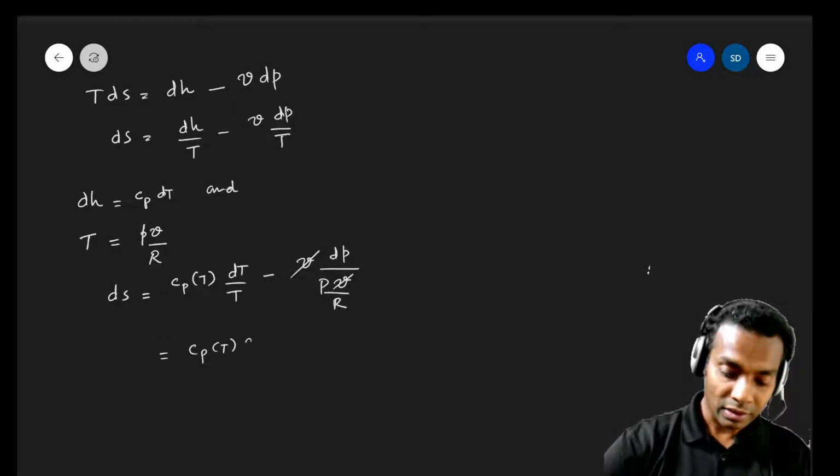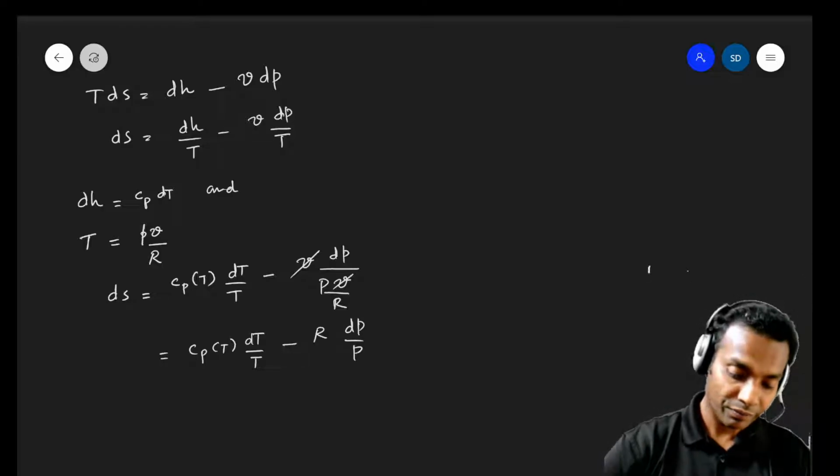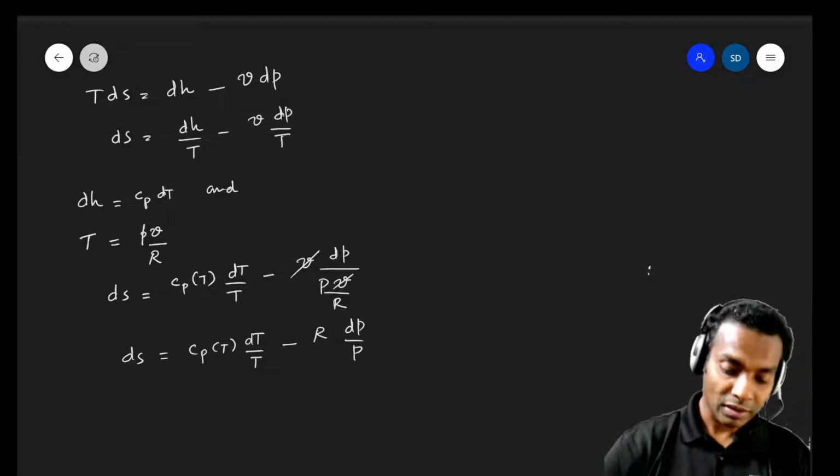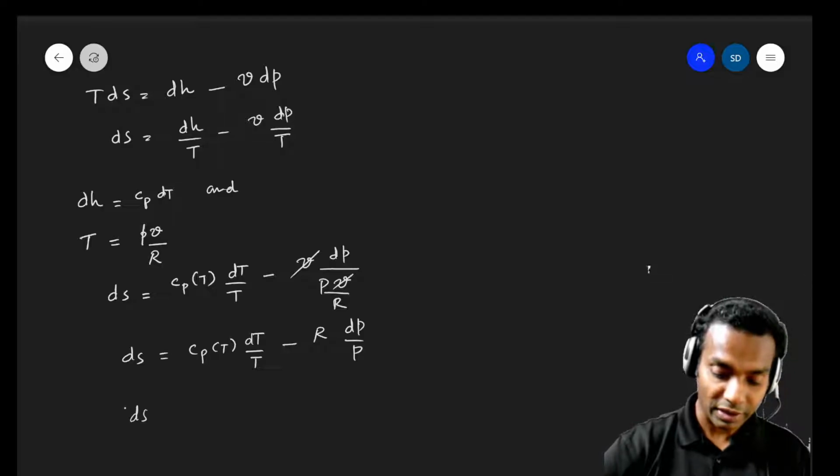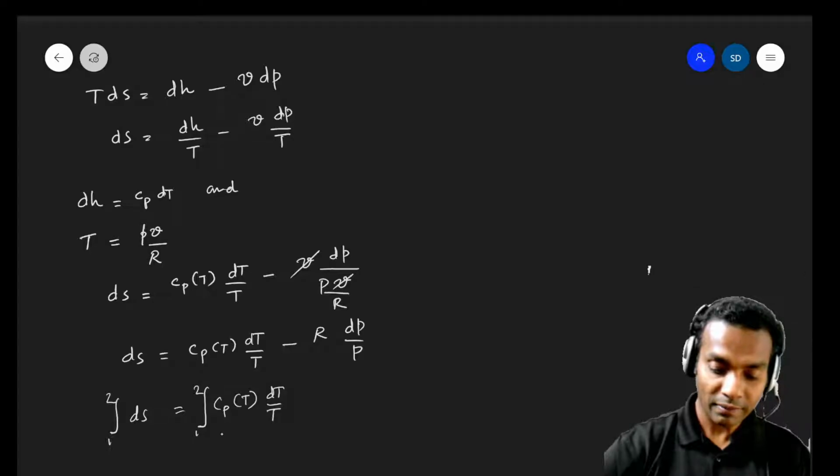So ds equals cp(T) dT over T minus R dP over P. Now I can integrate this equation: the integral from 1 to 2 of ds equals the integral from 1 to 2 of cp(T) dT over T minus the integral from 1 to 2 of R dP over P.